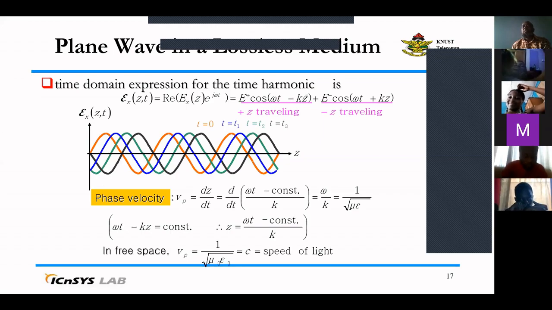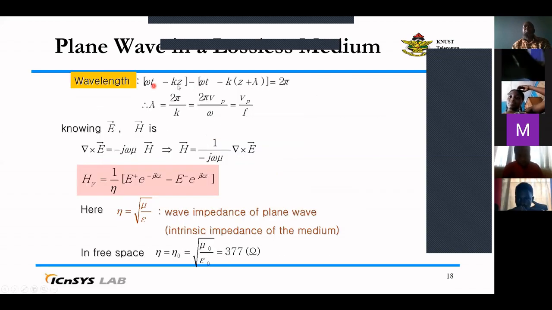If that distance is 2 pi, then it means that omega t minus kz, after a wavelength, must be equal to 2 pi. So if you come here, omega t minus kz, minus omega t minus k(z plus lambda), that's after a wavelength. This should be equal to 2 pi. The difference between these 2 points should be 2 pi.